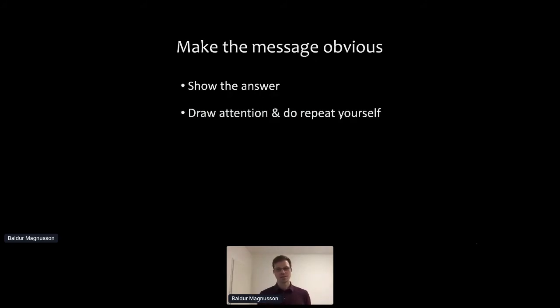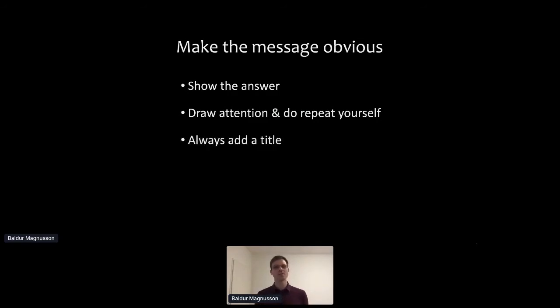The second is draw attention and do repeat yourself. So here I mean use contrasting colors and annotation and other attributes in the graph to draw attention to where you want it to be. Add meaningful information to provide context and to tell the whole story. And then do repeat yourself, but effectively. So if there are particular aspects of the graph that you want the audience to remember, then convey them in more than one place.